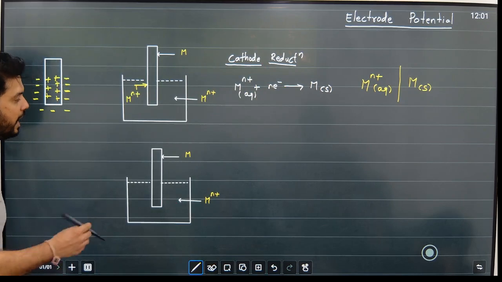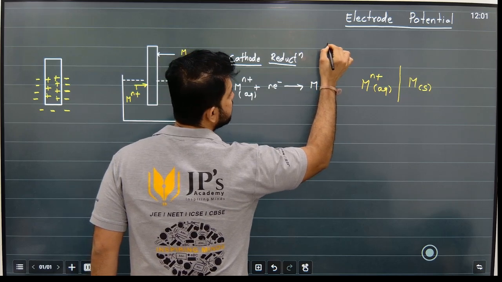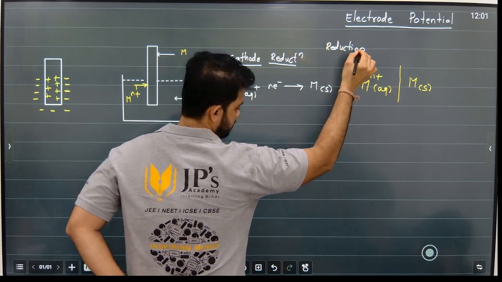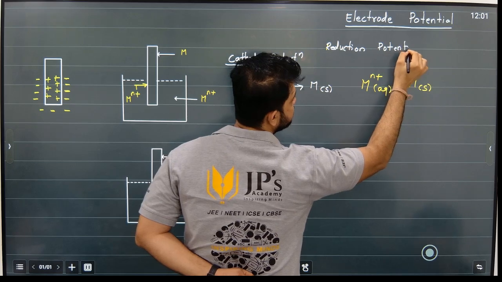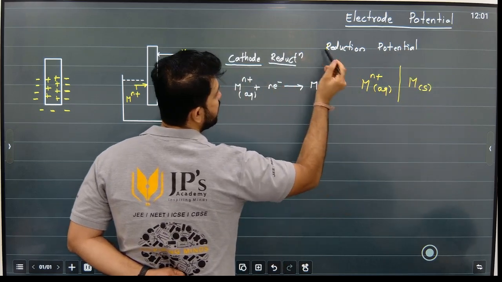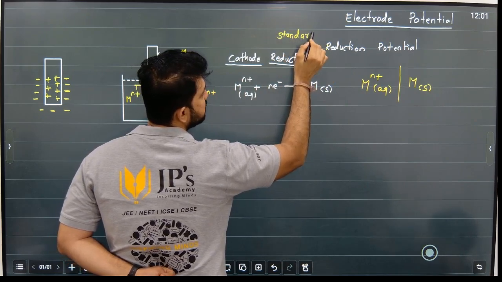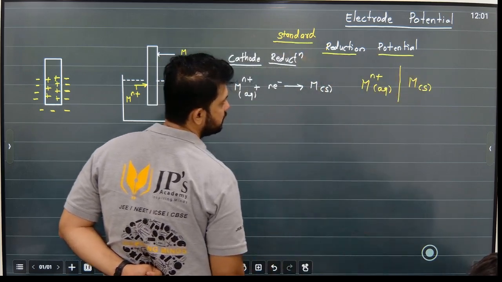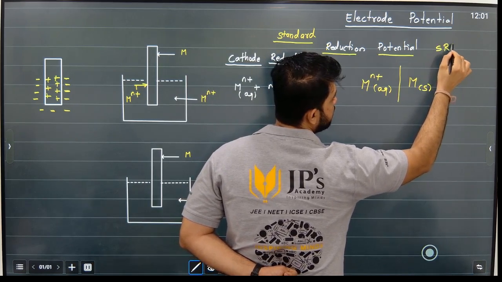So the potential difference over here, or the potential developed due to what process? Reduction. That electrode potential is termed as reduction potential. If this is happening in standard conditions, then we call it standard reduction potential, also abbreviated as SRP.